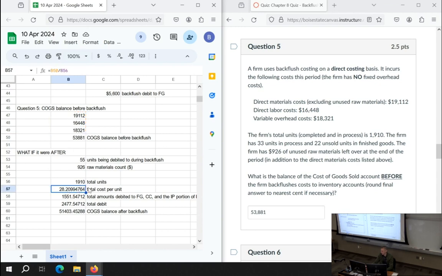Because I'm trying to be real simple with this, I'm just looking for cost of goods sold balance. I just want to know the total we're crediting cost of goods sold. I'm just going to merge all these product costs together, and this is the number that's all the product costs. So yeah, that ends up being the same thing, kind of by accident a little bit. But yes, you need that before balance number divided by total units, and that should give you the total cost per unit, which includes direct materials, direct labor, and variable overhead.